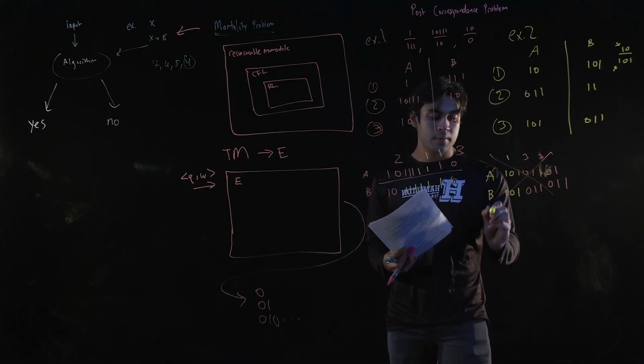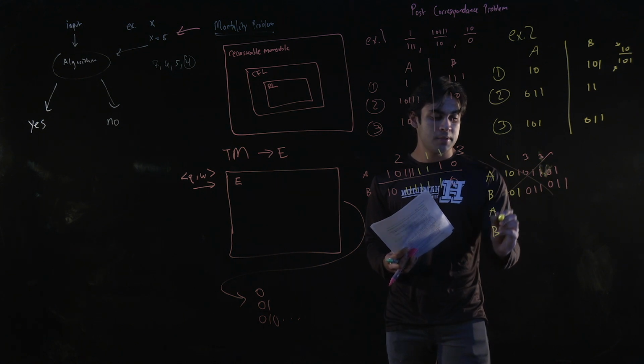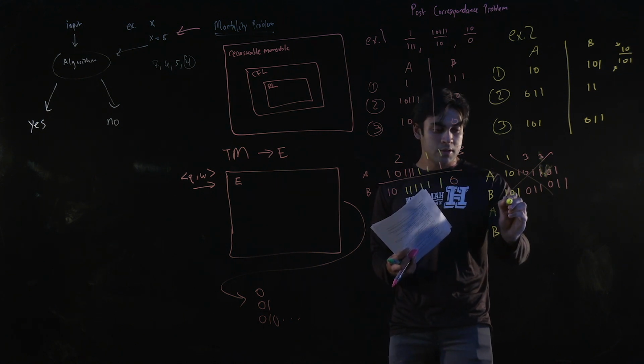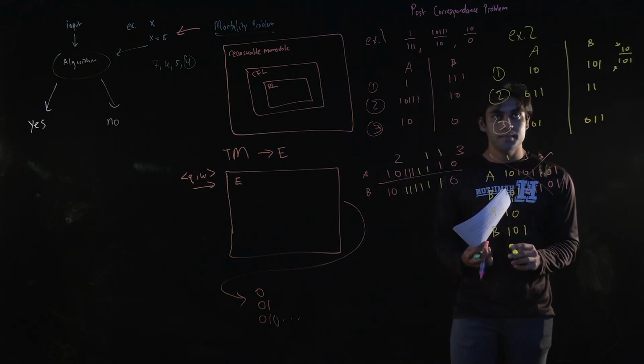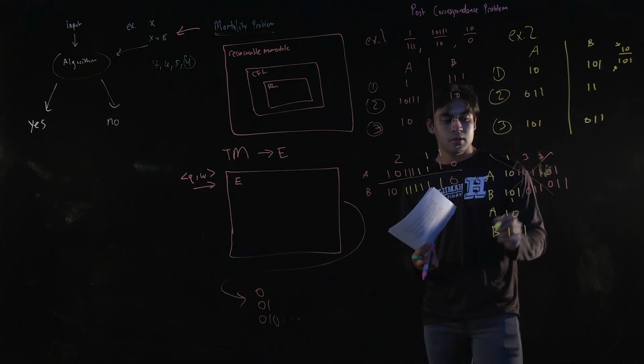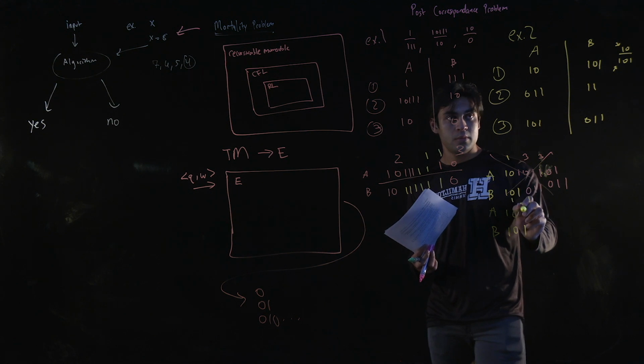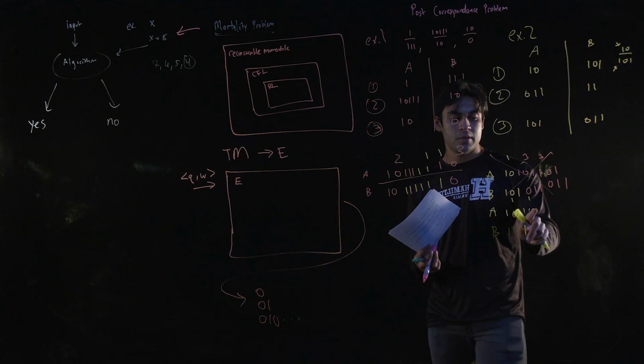We could have A, B, pick 1 again, we'll have 1, 0, 1, 0, 1, and this time I'll pick 1 again, we'll have 1, 0, oh, we can't have 1.